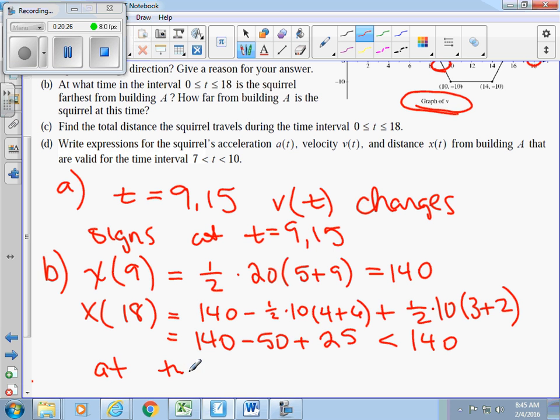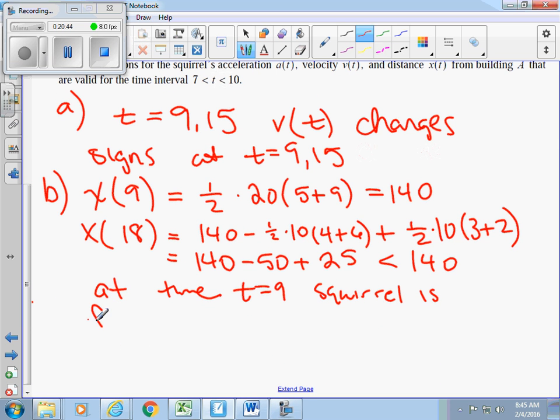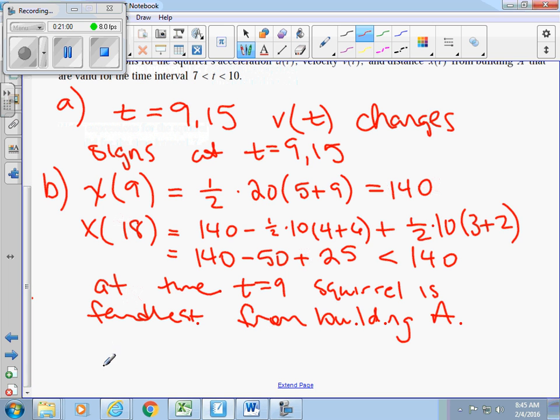At time t equals 9, the squirrel is farthest from building A. Second question, how far is he from building A? He is 140 units.